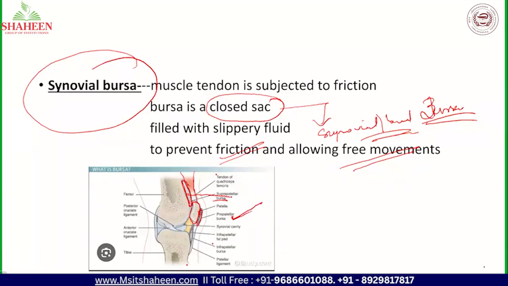And there is another bursa just beneath the patella, known as the infrapatellar bursa. In this picture itself, you will get the infrapatellar, prepatellar, and suprapatellar bursae. They all help to prevent friction and help the free movement of the joint and muscle.